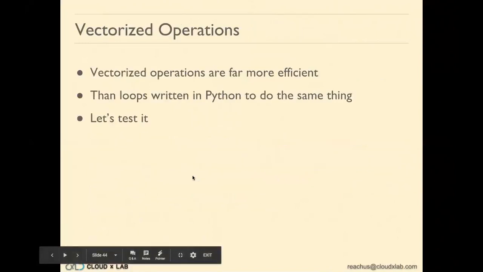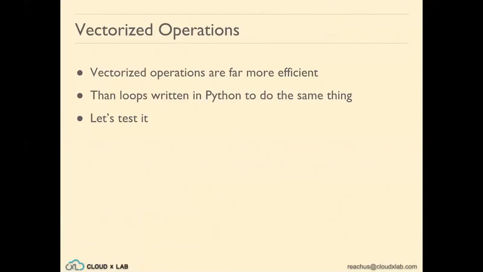Vectorized operations are far more efficient than loops written in Python to do the same thing. So if we use NumPy's array, it is far more efficient than the loops that we write in Python.